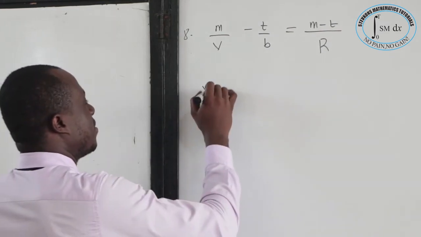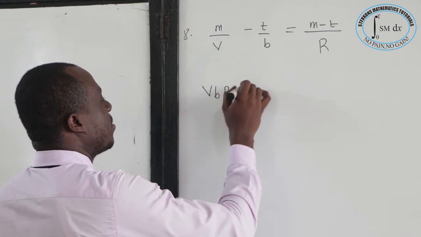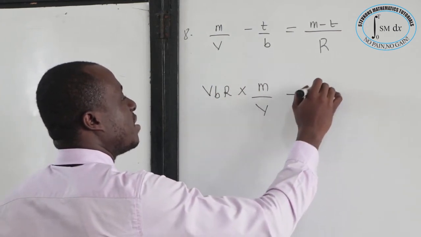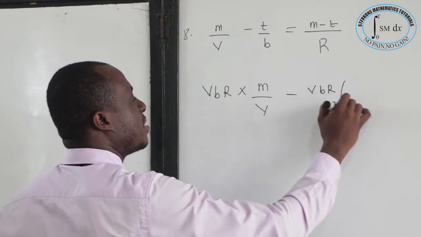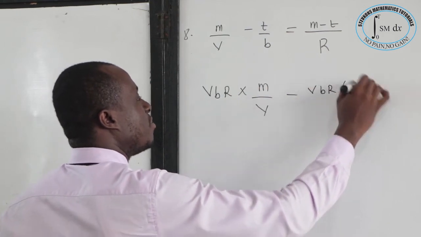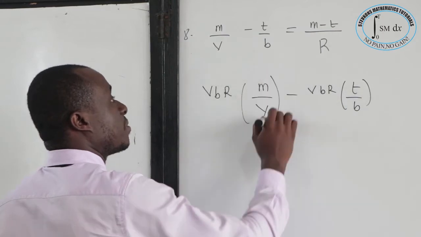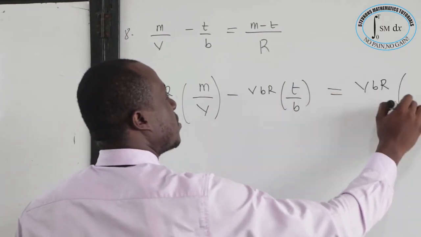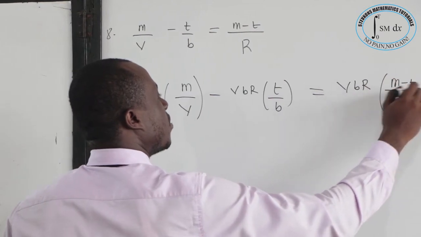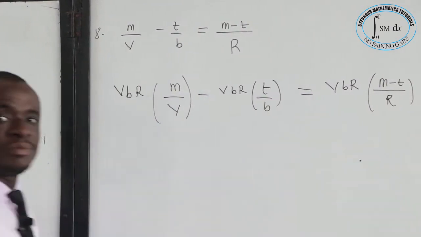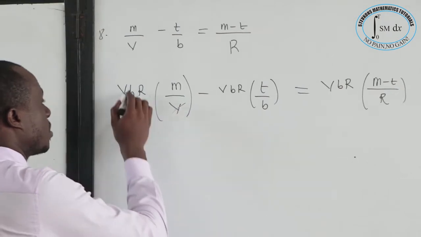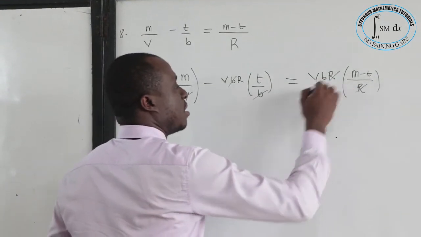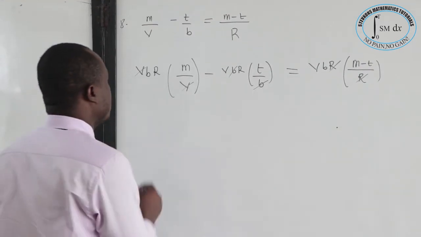So we have vbr times m over v minus vbr times t over b, equal to vbr times (m minus t) all over r. Now this v will cancel out that v, this b will cancel out this b, this r will cancel out that r. What do you have?